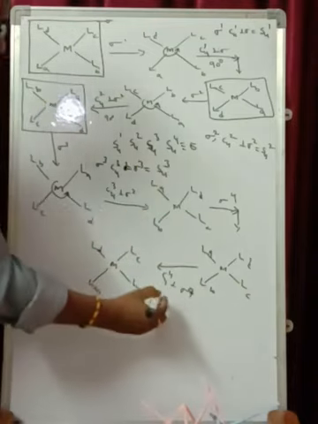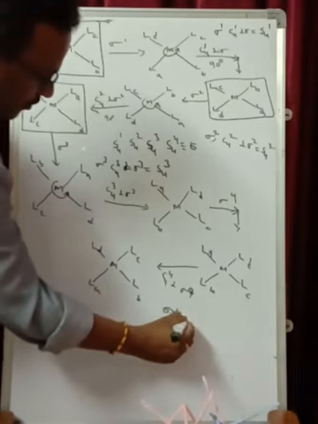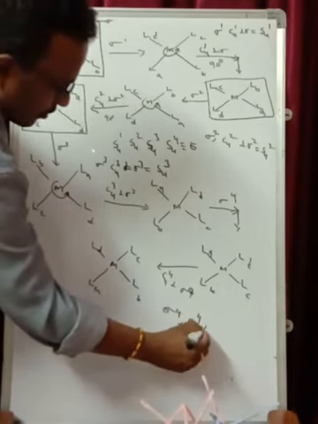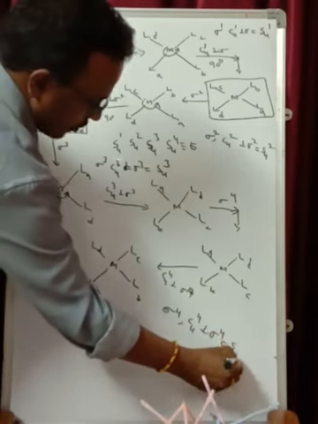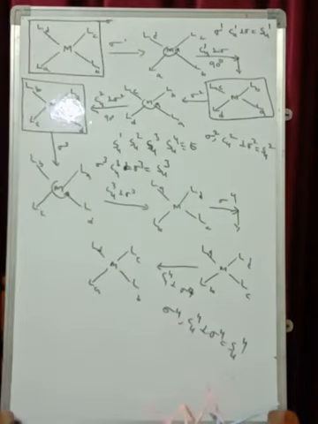Again, if you look at this, sigma 4 followed by C4 perpendicular to sigma 4 will give you S4. So this is what we have regarding the improper rotational axis of symmetry.